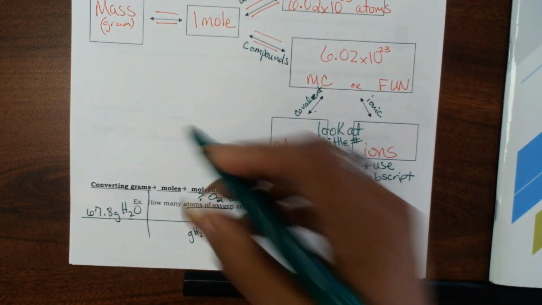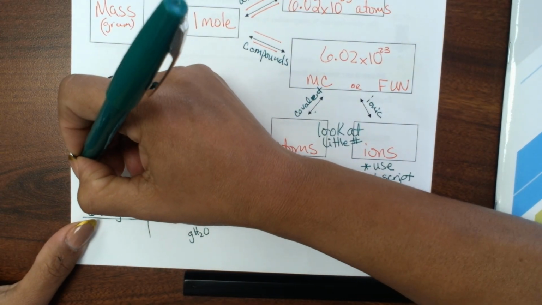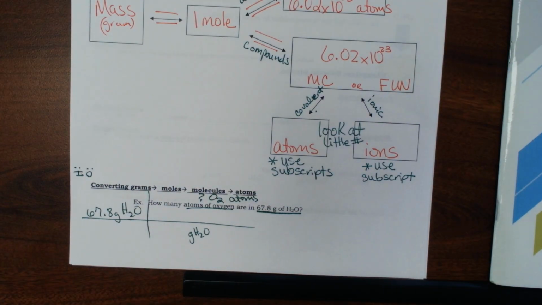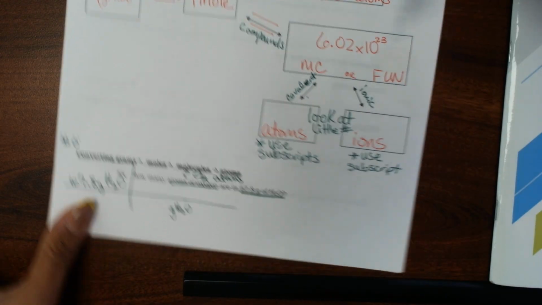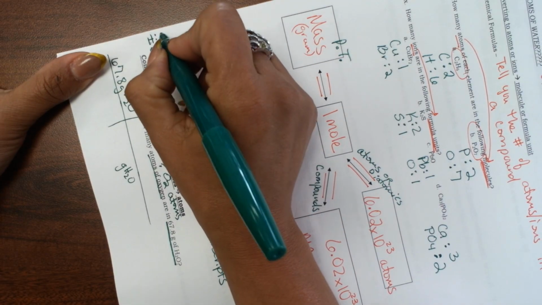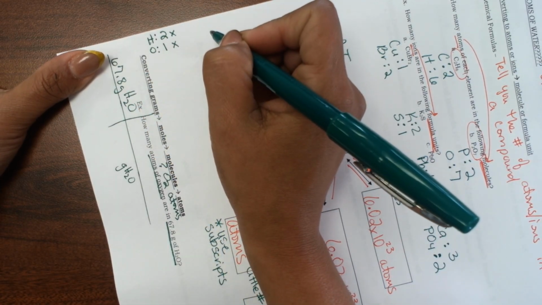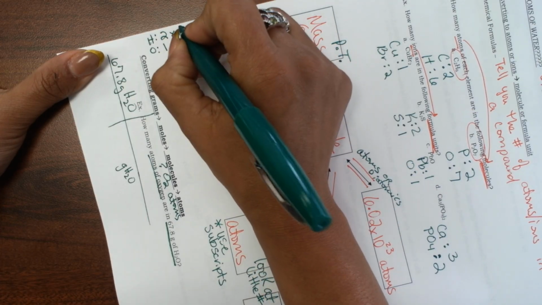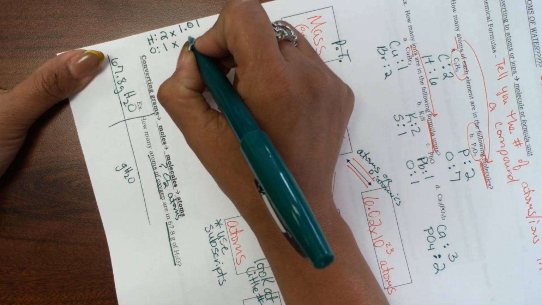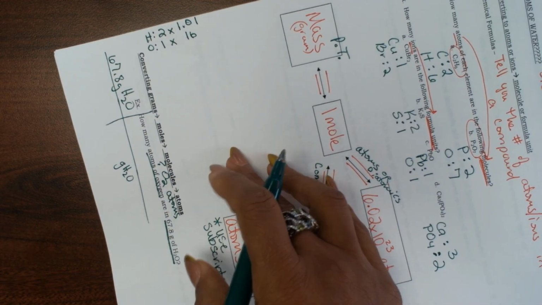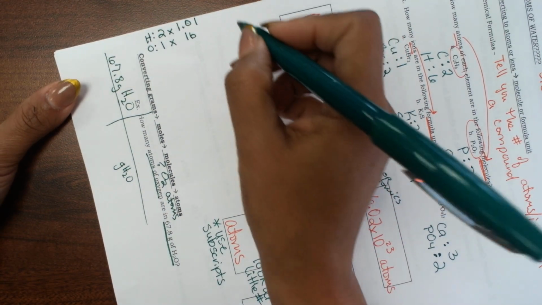So I'm going to come over here and say, well, hydrogen and oxygen. That's really what my compound is made up of. I've got 2 hydrogens and 1 oxygen. Looking at the mass number, I'm going to say this is 1.01. And we like to round oxygen to 16, you do not have to, or you can put 15.999.